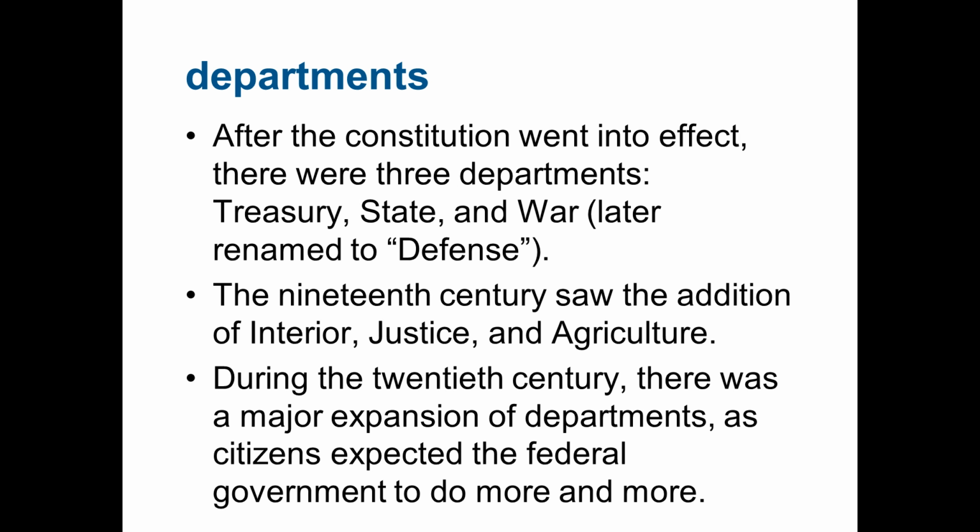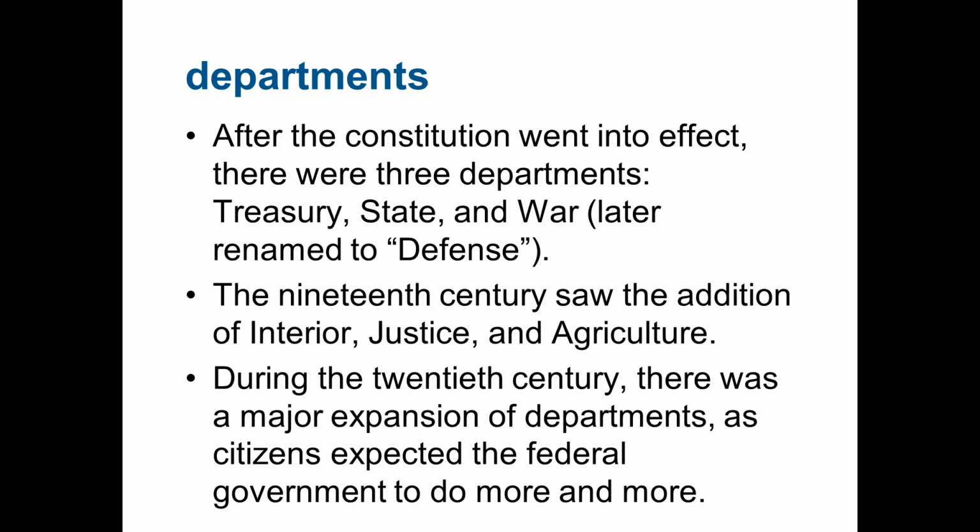A bit more background as far as the various departments in government. Immediately following the ratification of the Constitution, there were in fact only three departments: Treasury, State, and War, which today comes to be known as the Defense Department. So you can think of these as maybe the most critical core functioning departments within the government.